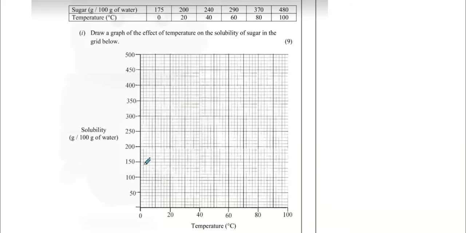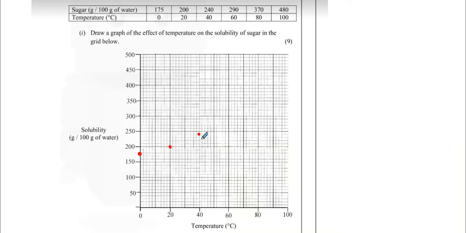Now, 175 will be halfway between 150 and 200. 200 is 220, 40, 240. So 240 would be, there's 5 blocks. See that? 1, 2, 3, 4, 5. So each block's worth 1.